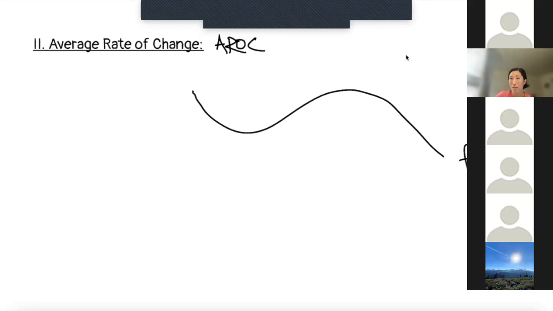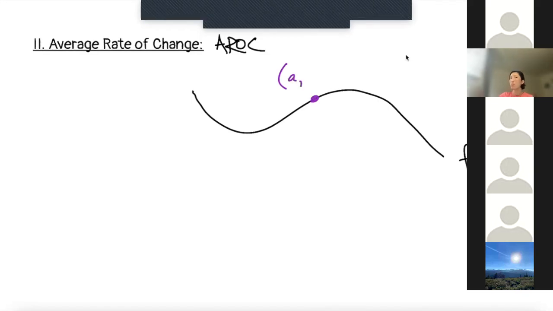The actual shape doesn't matter, but somewhere along this curve we're going to have two specific points. One point is here, and we'll call this A, with an x value of A.